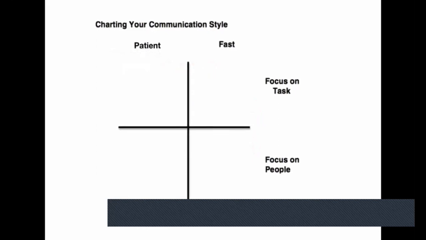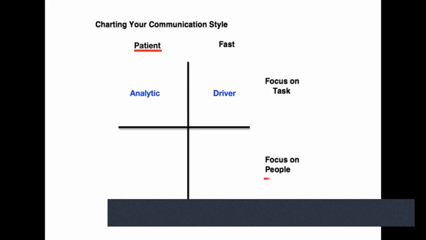Let's say that you are fast and you focus on the task. We would call you a driver. This is an impatient person, quick person who focuses on getting things done. If instead of fast you were more patient and focused on the task, we would say you're analytic. Generally, you're good with facts and data and you take your time to be accurate.